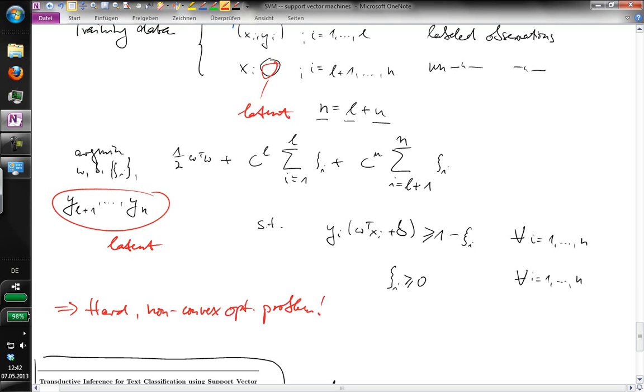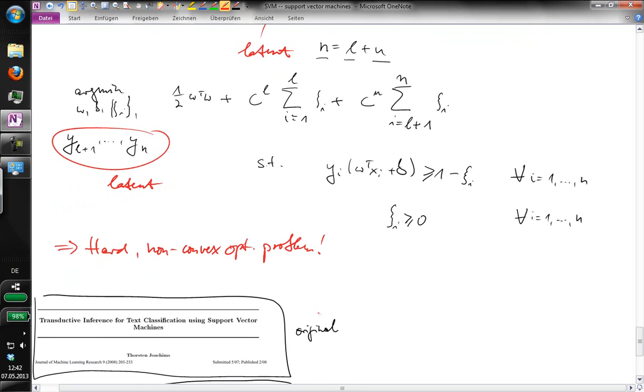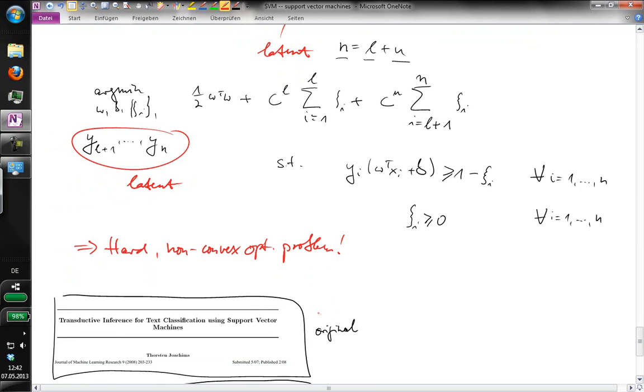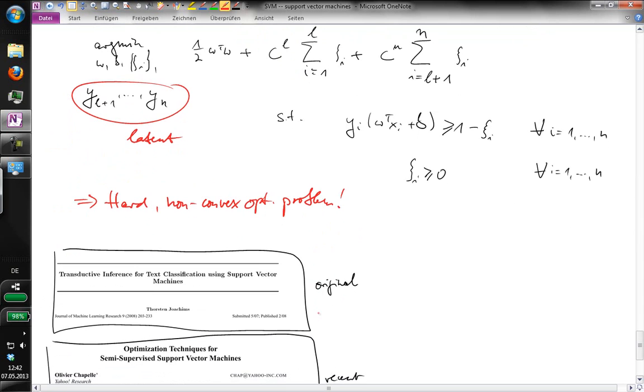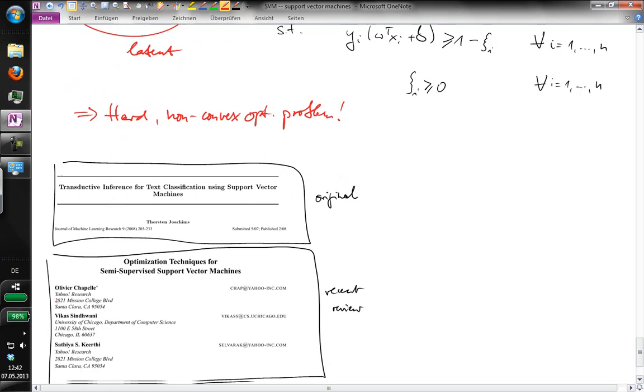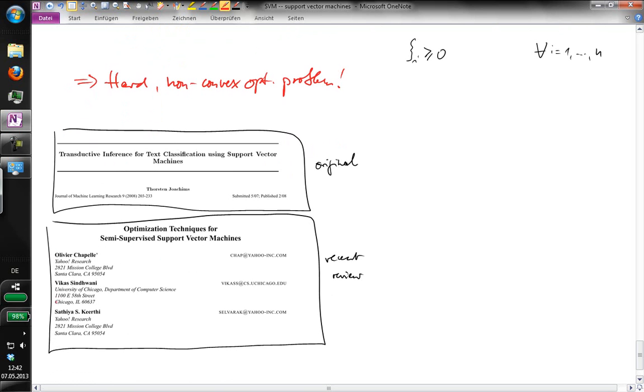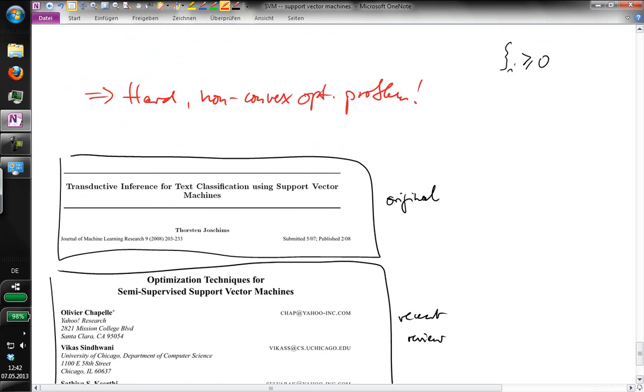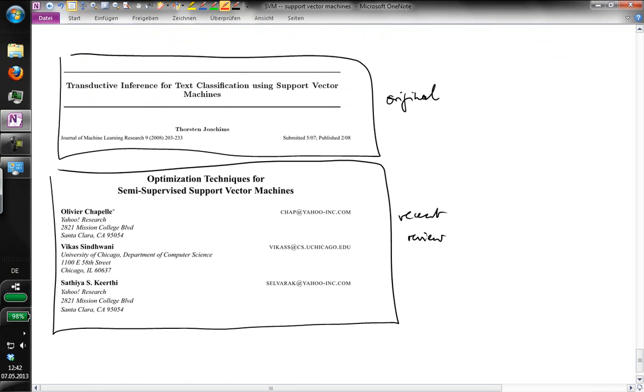This was first studied by Vapnik in the 70s and then by Thorsten Joachims in the late 90s, I think. I've written down a reference published in JMLR 2008, but I think it's much older than that. And I also quote here a recent review on different approaches to optimizing this hard problem.